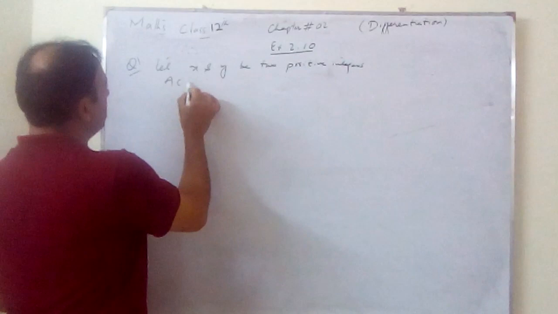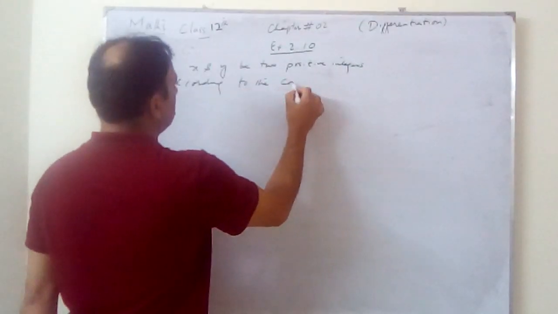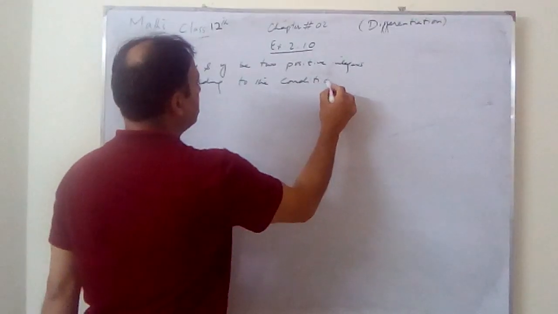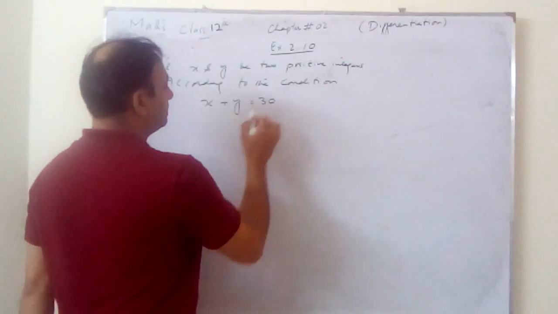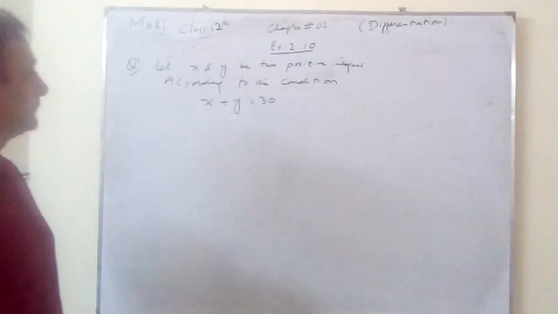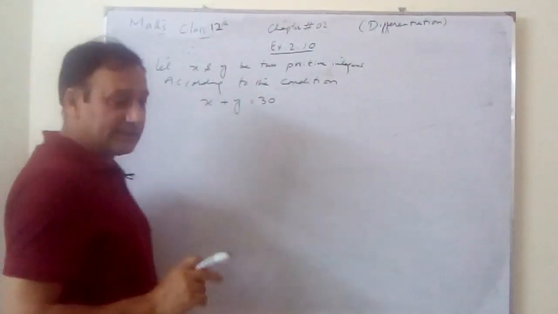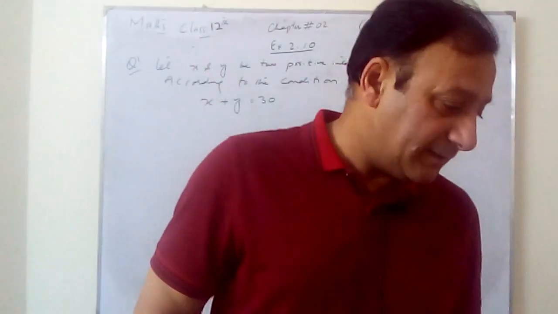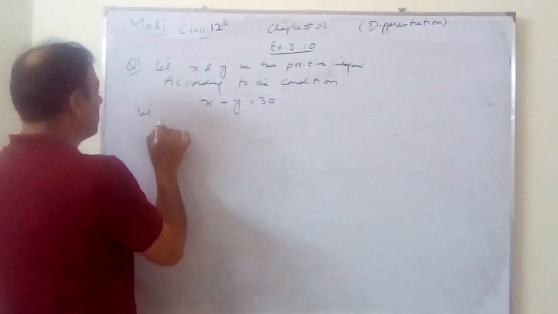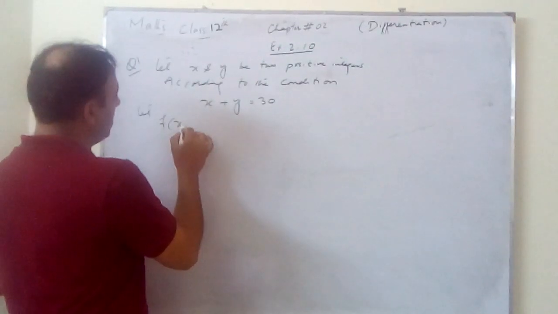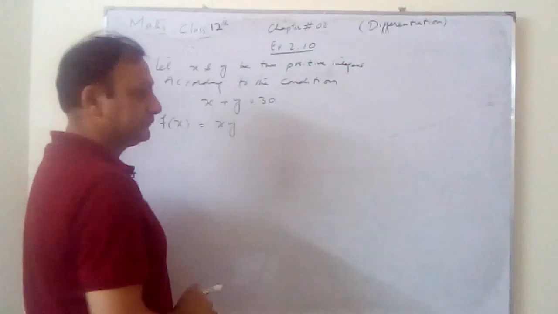So according to the condition, x plus y is 30. This is what is given in the question, and he is saying their product will be maximum. So let f of x be equal to xy, their product.